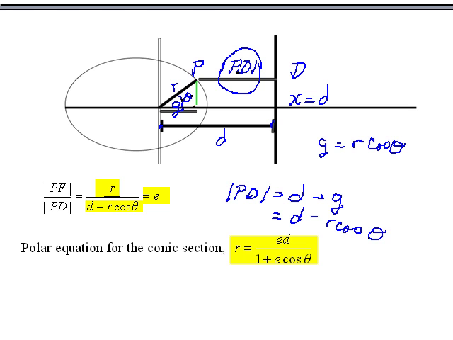And as theta changes, say theta is this angle here, this equation will give me this value r out to the conic section.